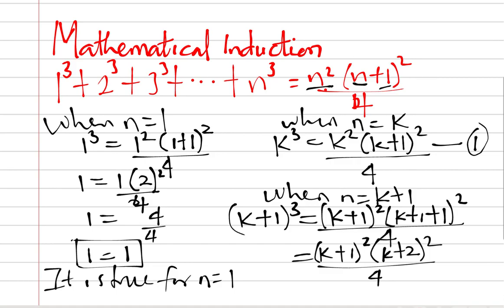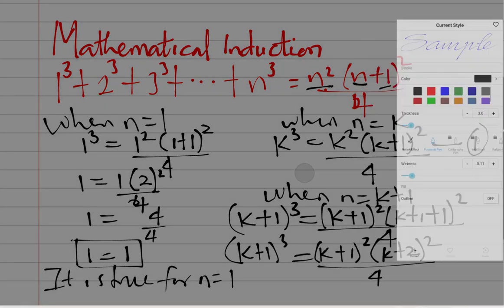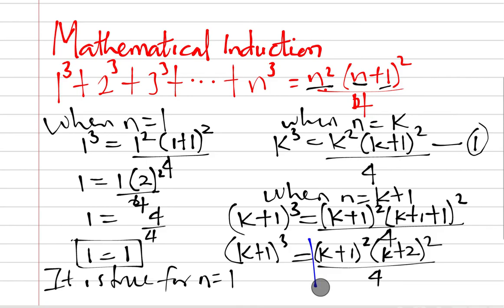So this is the answer we will get. I have k plus 1 raised to power 3. Are you seeing? This answer here is what I need to have after finishing my solution.